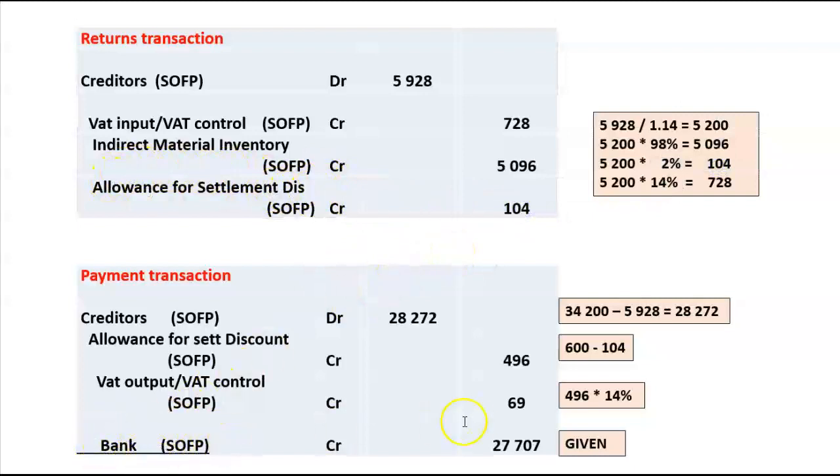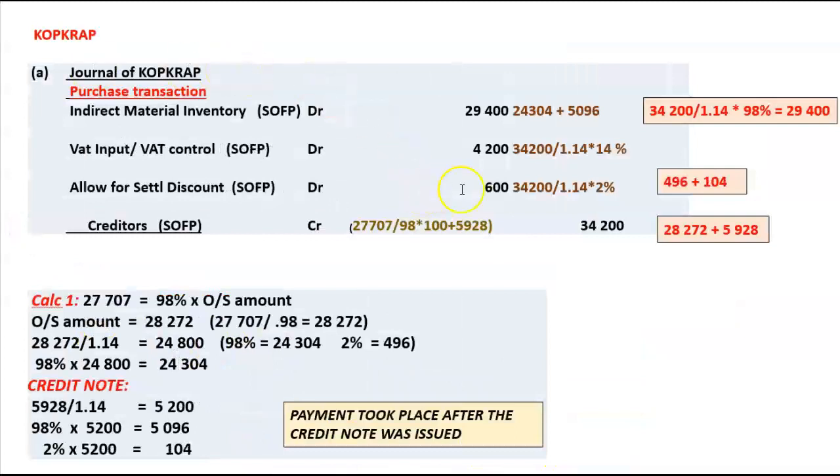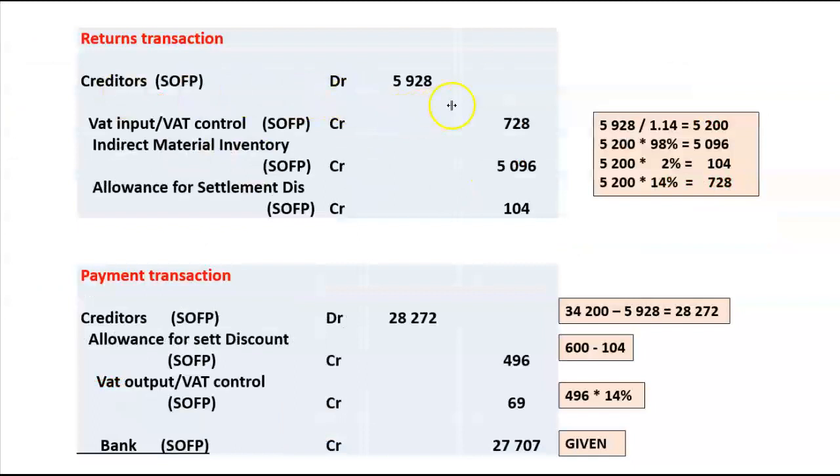Now payment took place. They told us we paid him 27,707. So we credited bank 27,707. We have to clean out the creditor's account balance, which equals 34,200 less 5,928, which gives us a total of 28,272. We have to clean out our allowance for settlement discount.